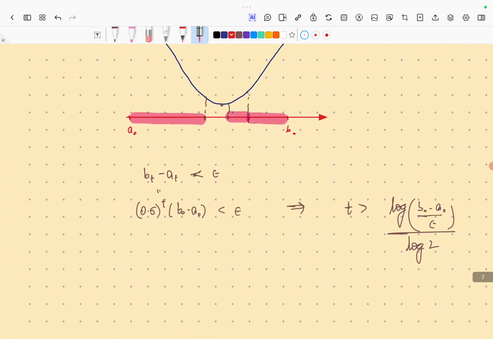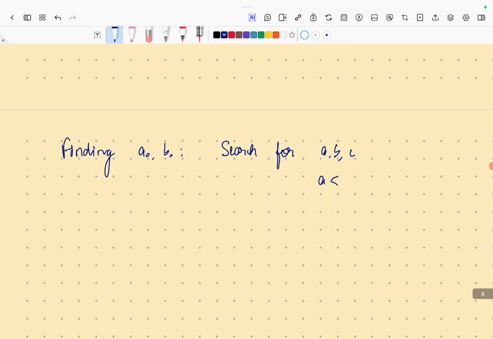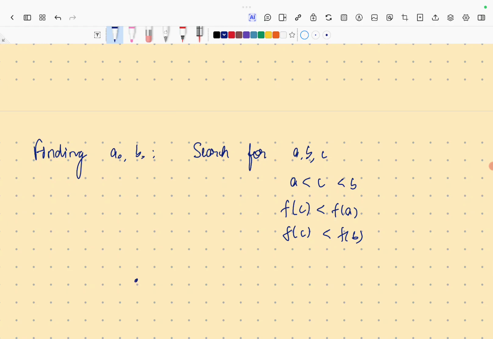Finding a0, b0: effectively, if you think about it, to find an a0 and b0, it's enough to search for three numbers a, b and c such that a is less than c is less than b, and f of c is less than f of a, and f of c is less than f of b.